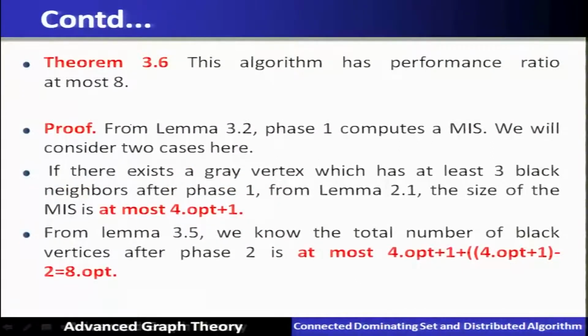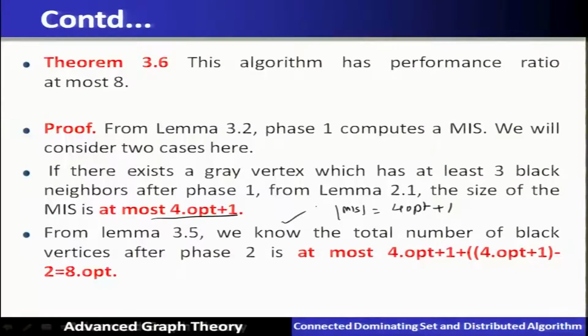if we check the performance ratio of this algorithm, in phase 1 the size of the MIS is, let us say, 4 opt plus 1.